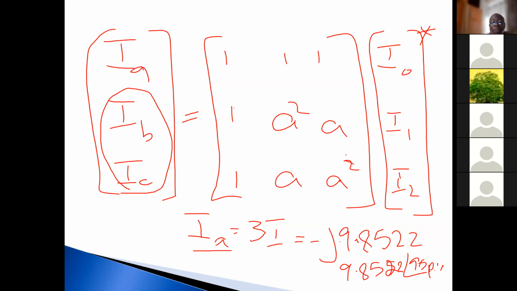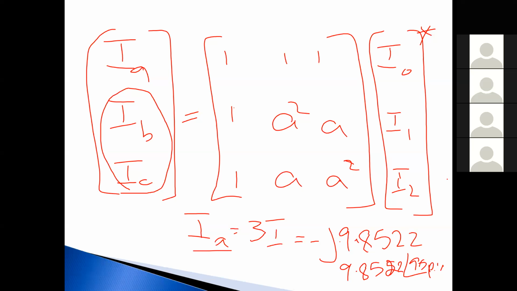Okay, good. So if I wanted the actual current, what would I need to do? We would need a base current. How do we find that? What's the base current?